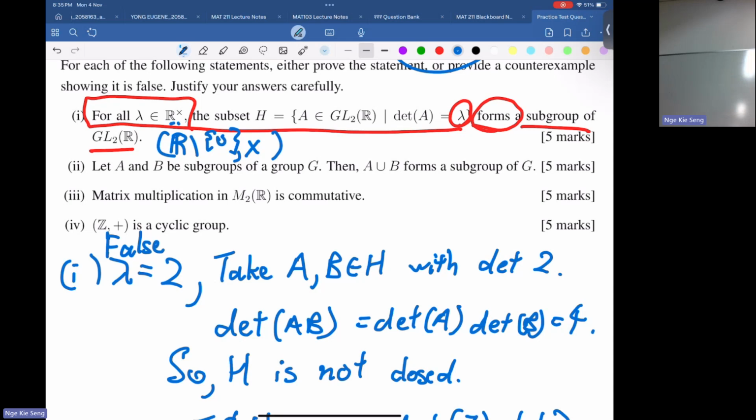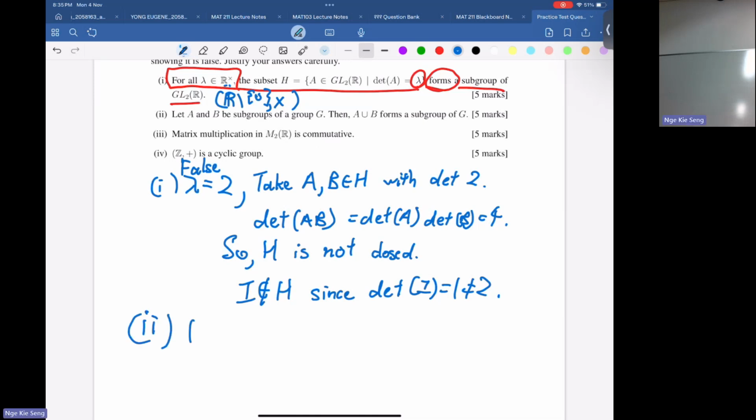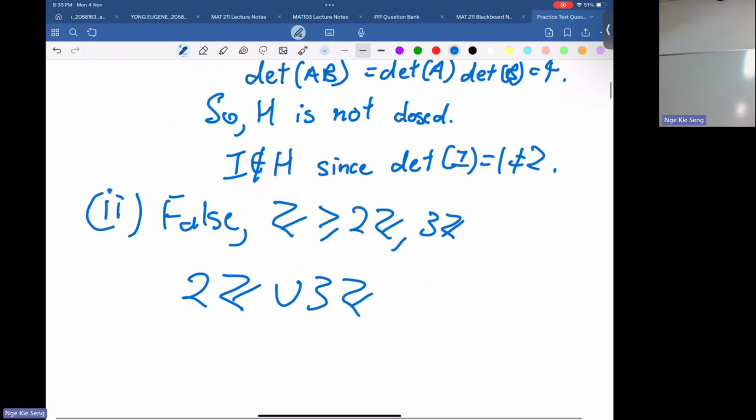If you don't believe it, I just said false, right? It's done in the assignment. Can you give a counterexample? Look at Z, and then look at the subgroups 2Z and 3Z. Why is the union of 2Z and 3Z not a subgroup? Why is it not closed? Identity must be there, because both of them are subgroups. Inverses are also there, because both of them are subgroups.